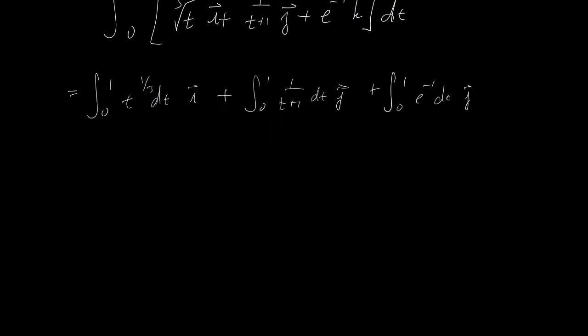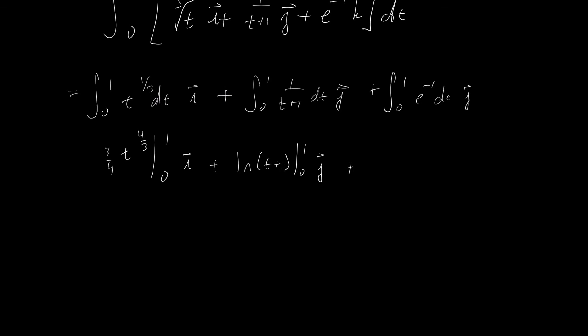All right, so the antiderivative of t to the 1/3 would be t to the 4/3 divided by 4/3, which would make it 3/4, and we'll evaluate that from 0 to 1 in the i direction. Plus, the antiderivative of 1 over t plus 1 is going to be ln of t plus 1, evaluated from 0 to 1, and that's our j component, plus the antiderivative of e to the negative 1.